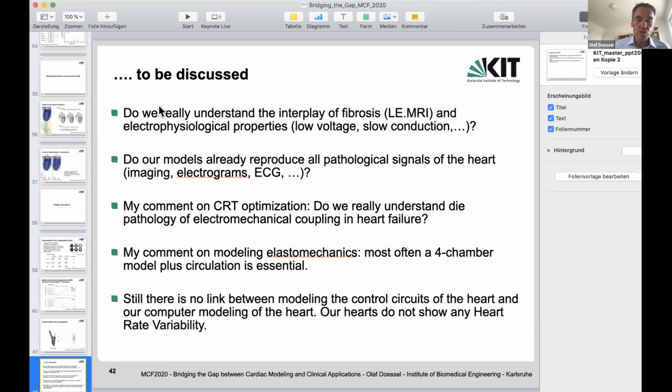They say we just use the model and look at the patient outcome. I'm not so happy about that. If we just look at whether the patient feels better or worse... I would feel much more comfortable if you validate computer models by reproducing measurements that have not been used in setting up the model. Okay, thanks.